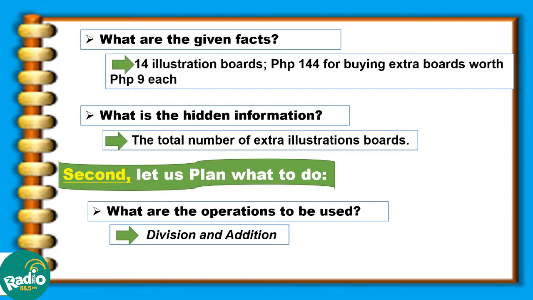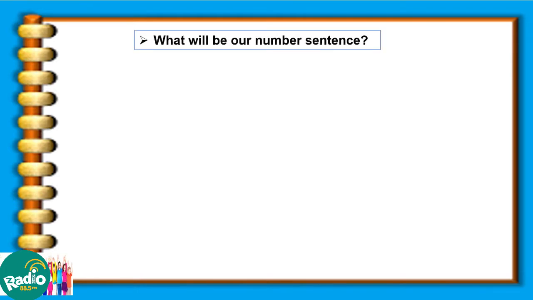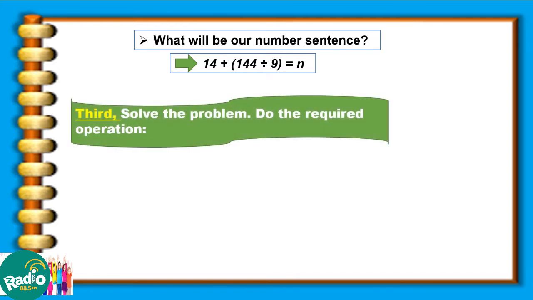Addition is used in finding the total number of illustration boards Elise has in all. And what will be our number sentence? The number sentence is 14 plus 144 divided by 9 is equal to n.